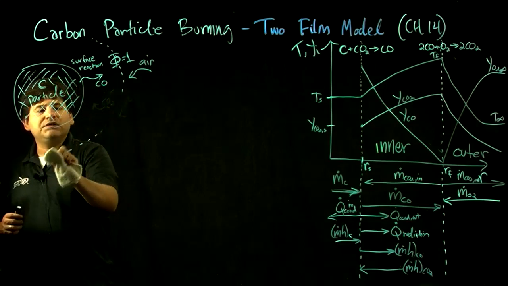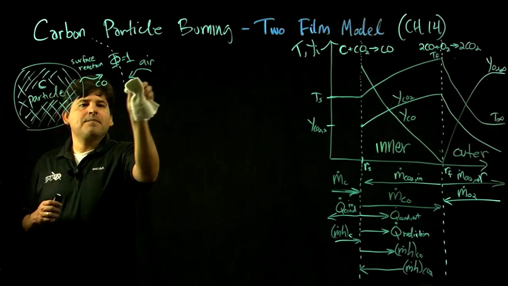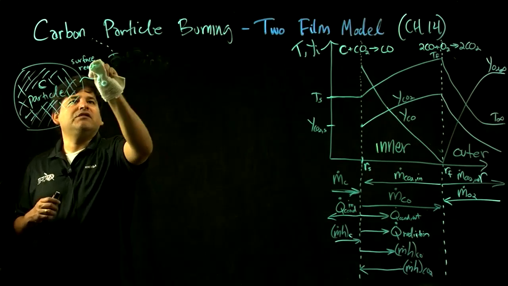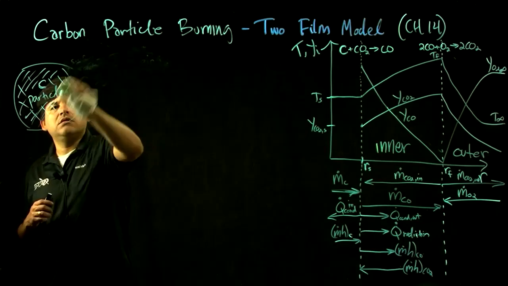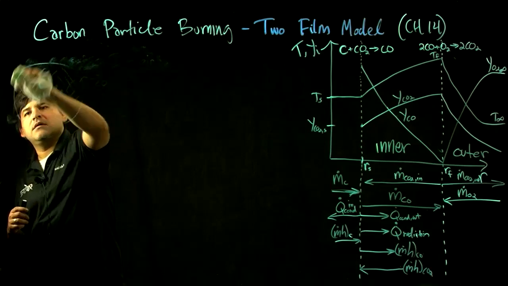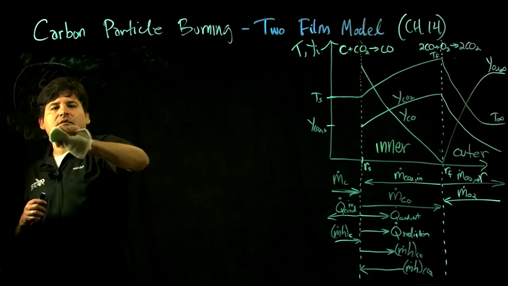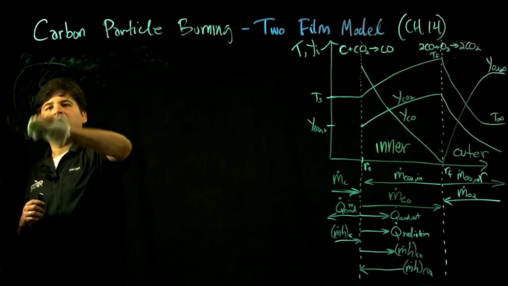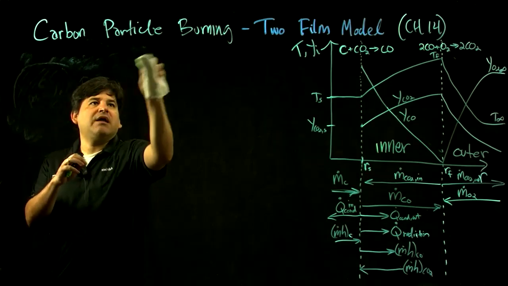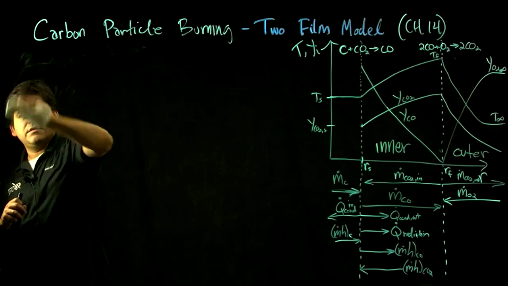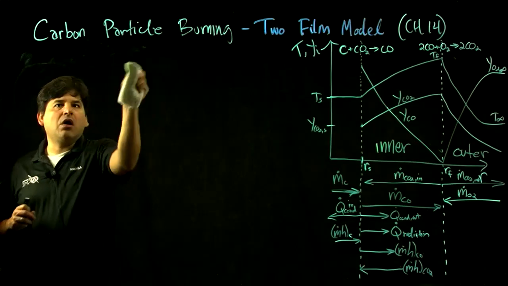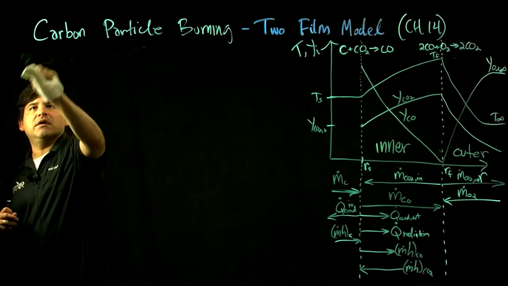But the goal is to consider this surface reaction, consider the flame away from the particle, and in terms of the mass balance, species balance, and energy balance, get a good model to analyze what's going on.